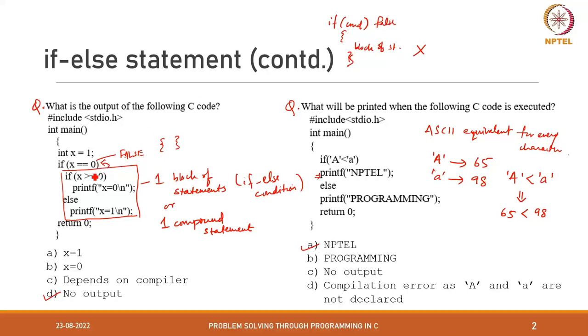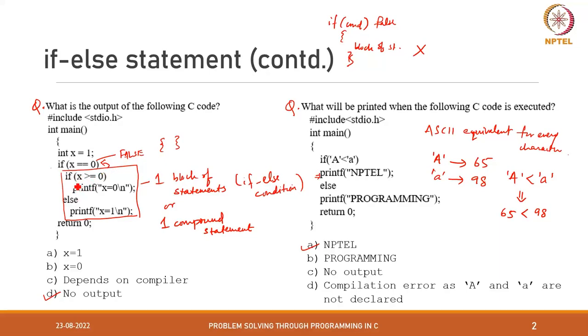The next statement here, there are no curly braces. That means only the next statement following this first if statement constitutes the if block. In this case, however, the next statement following this if statement, in the absence of curly braces, is itself a compound statement, a block of statements.